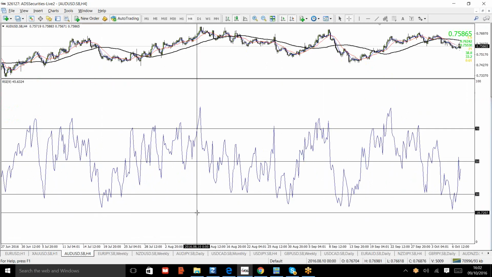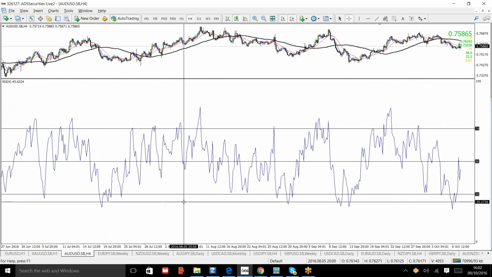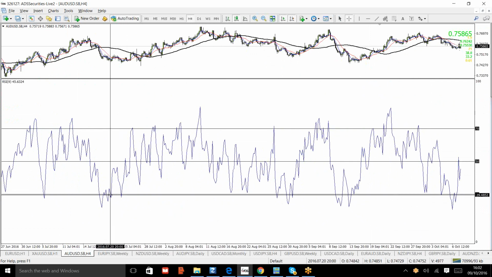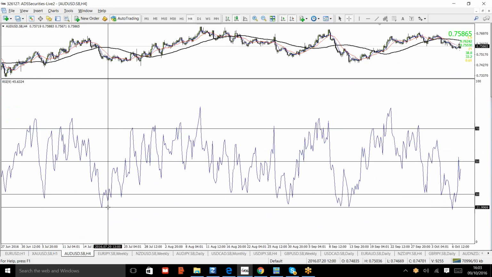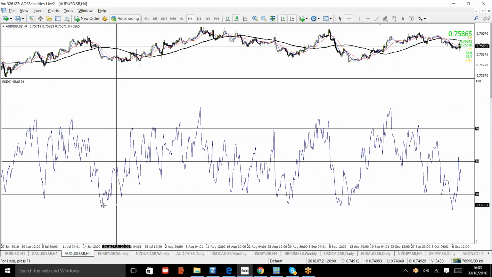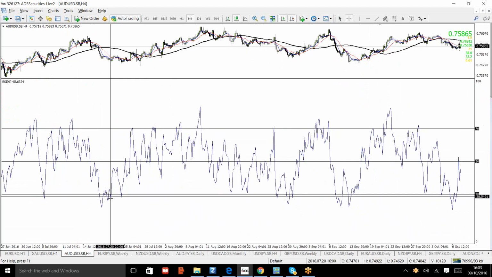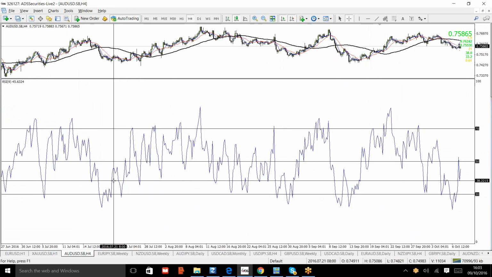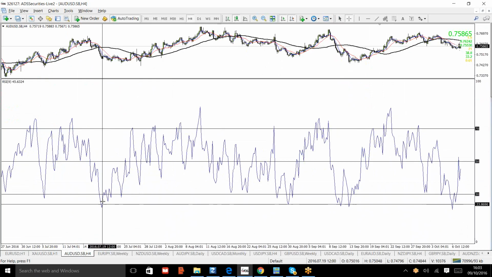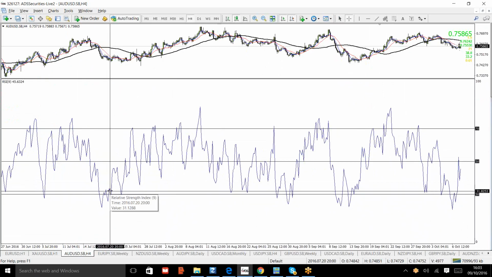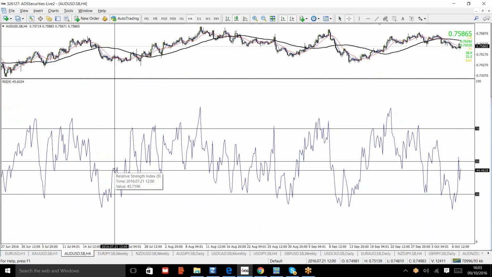Now, understand this. When the price is below 30 and it starts moving towards the upside, what does it mean? Tell me, Zan, what does it mean? It was below 30 and it started moving towards the upside. Tell me, what does it mean?